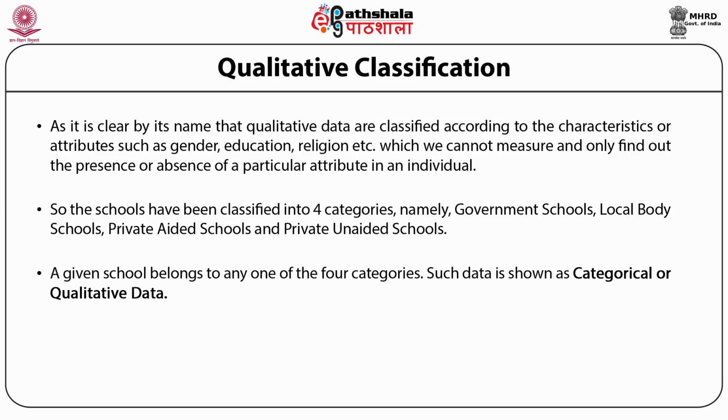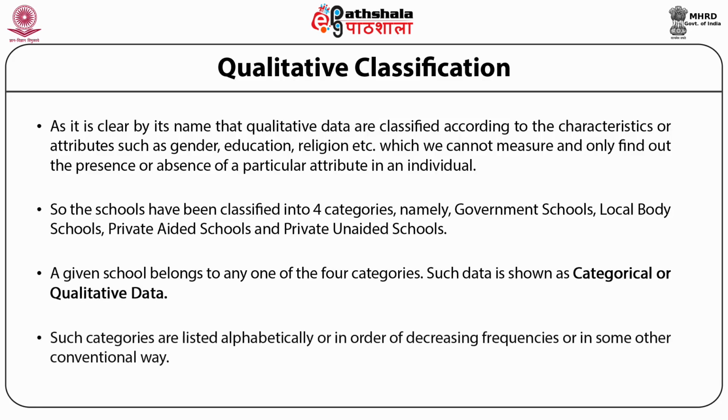This categorical or qualitative data results from information which has been classified into categories. Such categories are listed alphabetically or in order of decreasing frequencies or in some other conventional way. Each piece of data clearly belongs to one classification or category.